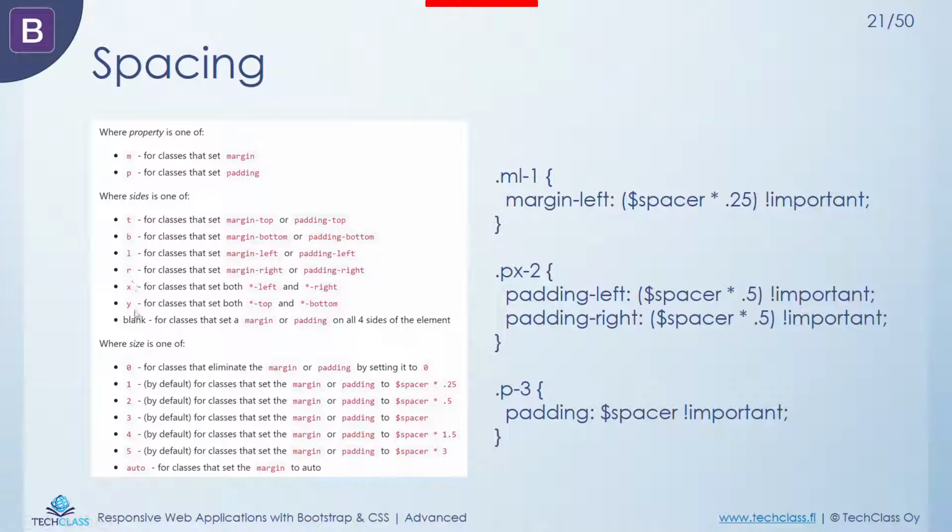Then here you can allocate which side you're talking about, and after that, the expected size for the spacing. Very interesting convention. So let's talk about this one. We are talking about padding, for both left and right, and allocating these two as the size of that.